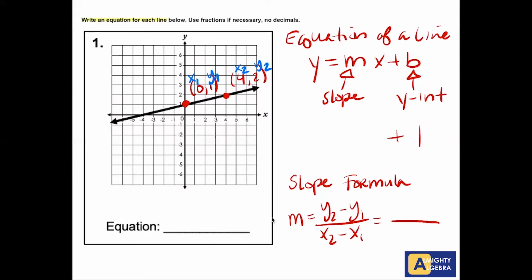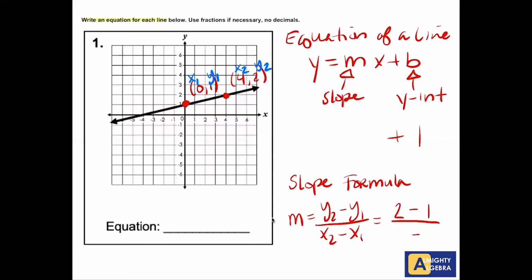Now we just substitute into the formula. y2 is going to be 2, y1 is 1, x2 is 4, and x1 is 0. Remember that the minuses are part of the formula and cannot be changed. So in the numerator, y2 minus y1, I'm going to have 2 minus 1.